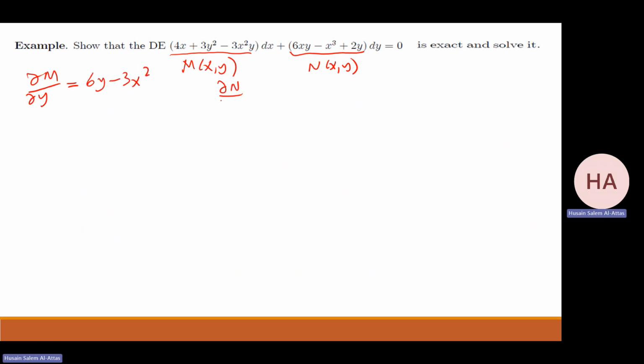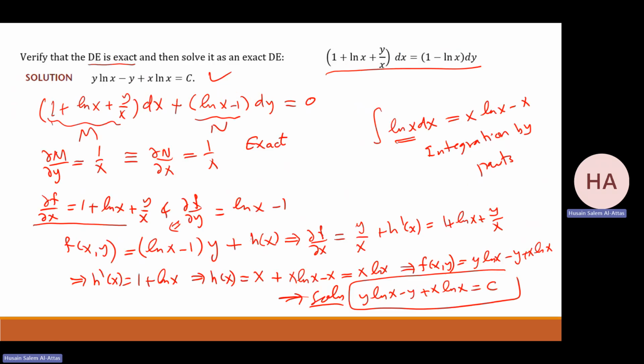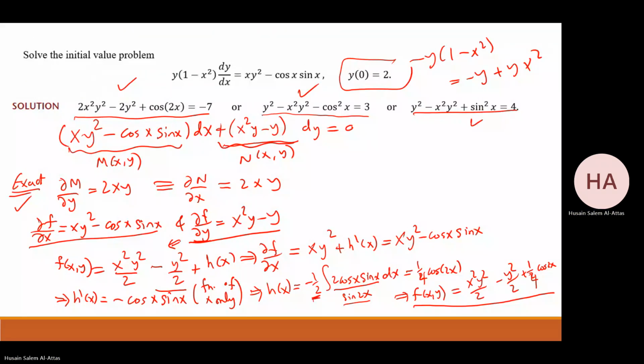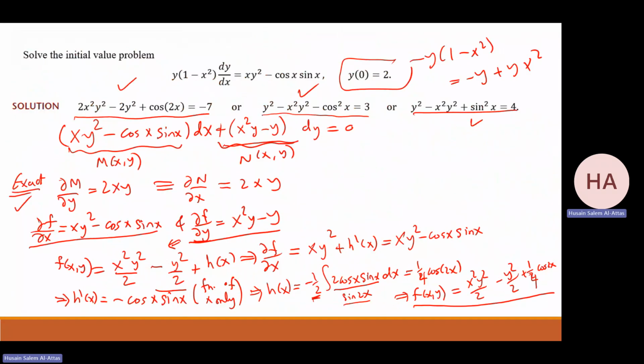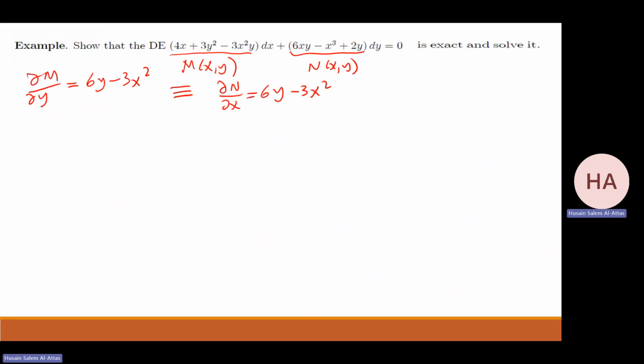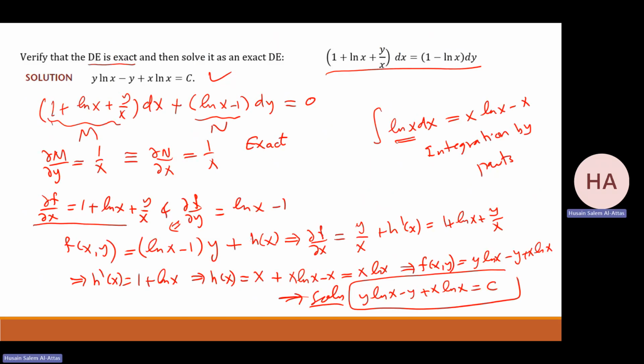What is partial N with partial x? That will be 6y minus 3x squared. Those should be equivalent. It's similar somehow to this. It's okay, let me do it. So this is exact.